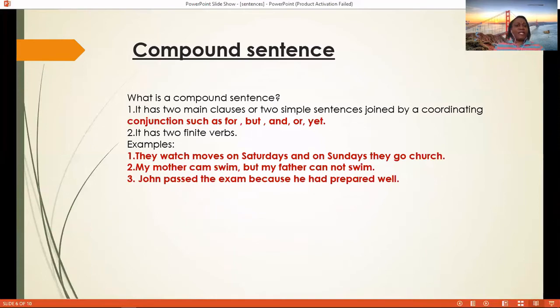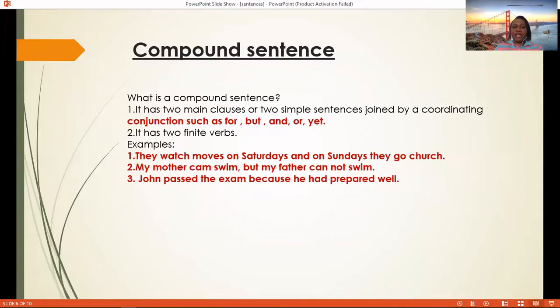What is a compound sentence? It has two main clauses, which we can think of as being two simple sentences joined together by a coordinating conjunction. Two simple sentences put together by a coordinating conjunction.